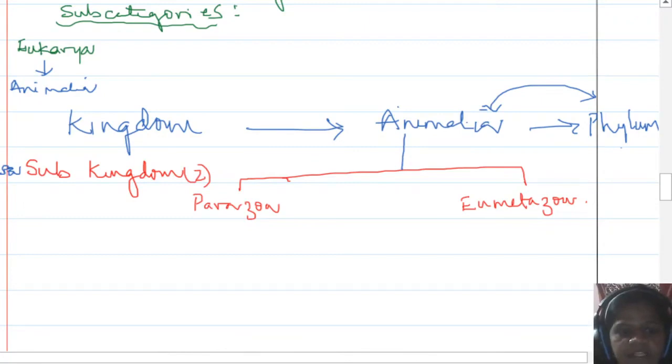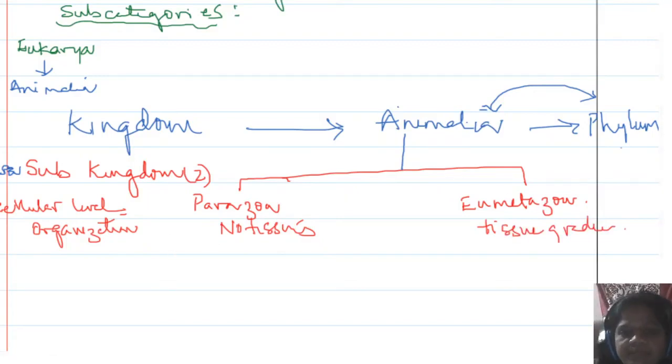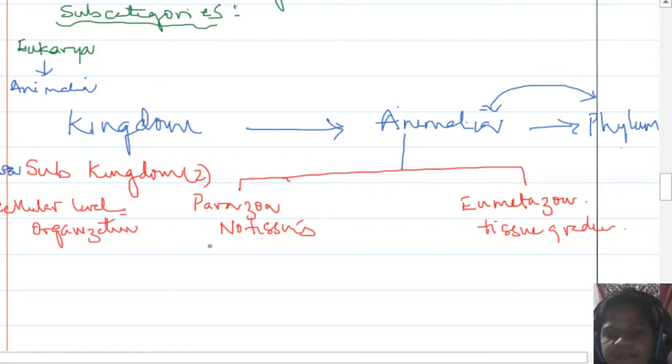So the organization is cellular level of organization, because we don't see any tissues here. We have, for the first time, a tissue grade of organization in Eumetazoa. Here, for example, you have Porifera. And this is the phylum, right? You know that, right? This is the phylum. An example is Fundus.